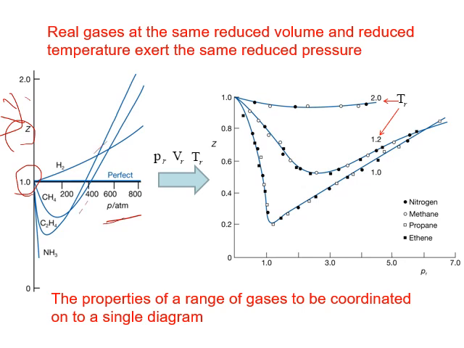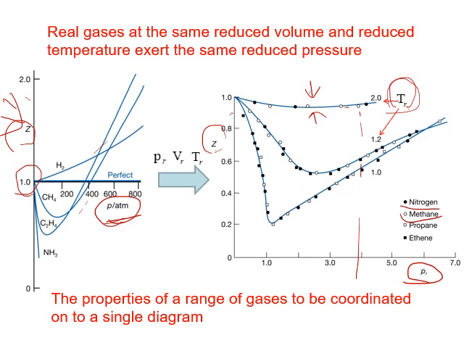Now, if you replace the pressure by reduced pressure and the temperature by reduced temperature, then you can see all gases merge into the same curve. For example, here, nitrogen and methane are on the same curve. If they have the same reduced pressure and reduced temperature, they give you the same Z factor.